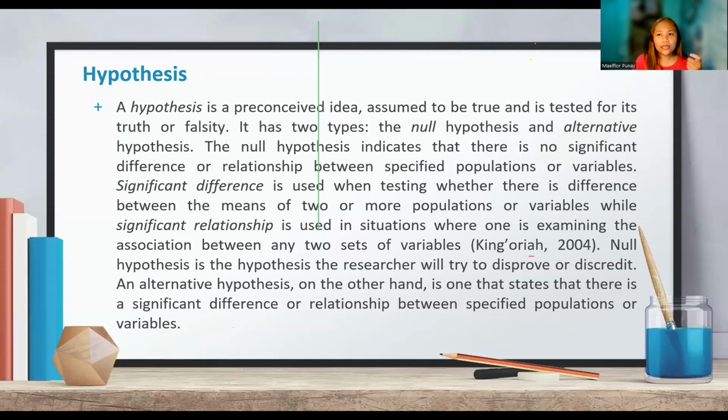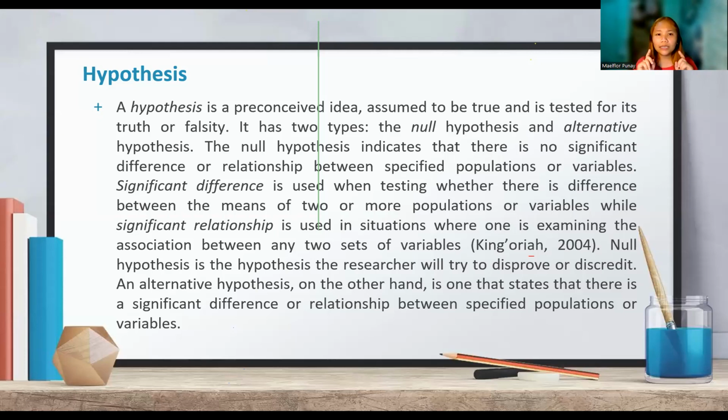Meaning, this hypothesis can be true or not. It has two types, the null hypothesis or the H0 and the alternative hypothesis or the H1. Others use the H0 and the HA, depending. The null hypothesis indicates that there is no significant difference or relationship between specified populations or variables.